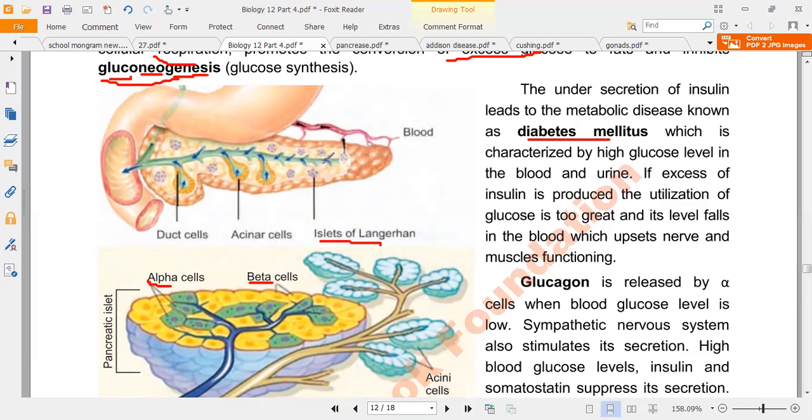It means when there is no production of insulin or less production, there is more glucose level in the blood, which has a great effect on the body. In the blood and in the urine, when there is high glucose level, glucose will be less taken up by the cells, by our muscles and other body parts. And then it upsets the nervous system, muscular functions, and the diabetes patient can have lots of problems.